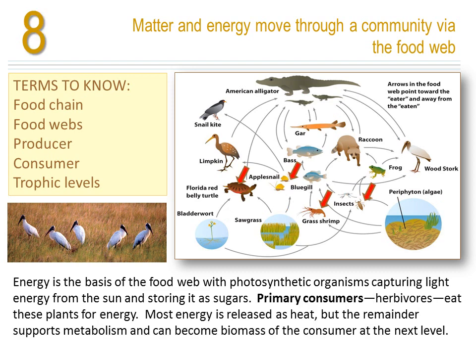So primary consumers are the organisms that are eating these photosynthetic plants. Okay, the primary consumers, they're the herbivores. These are the organisms that eat plants for the energy, and most of the energy is released as heat, but the remainder supports metabolism and becomes the biomass of the consumer at the next level.